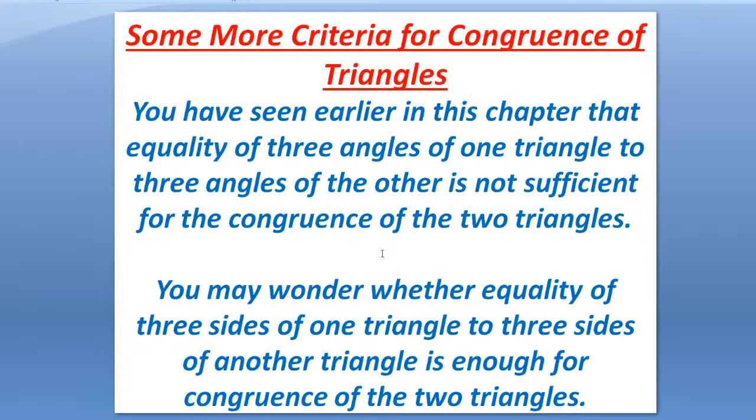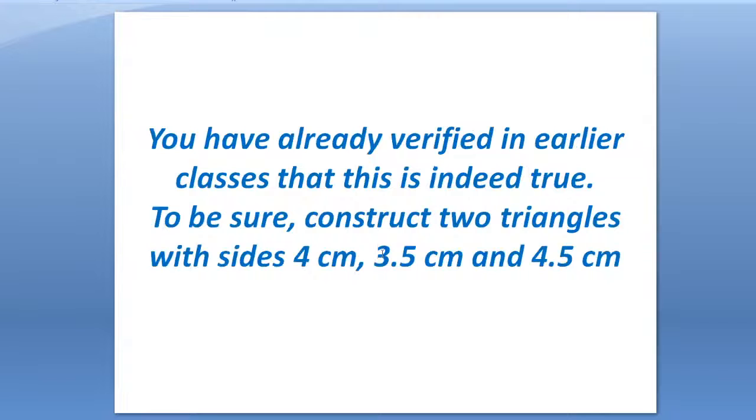So we have seen earlier in this chapter that equality of three angles of one triangle to three angles of the other is not sufficient for the congruence of two triangles. But you may wonder whether equality of three sides of one triangle to three sides of another triangle is enough for congruence of the two triangles. You have already verified in earlier classes that this is indeed true. To be sure, construct two triangles with sides 4 centimeter, 3.5 centimeter and 4.5 centimeter.